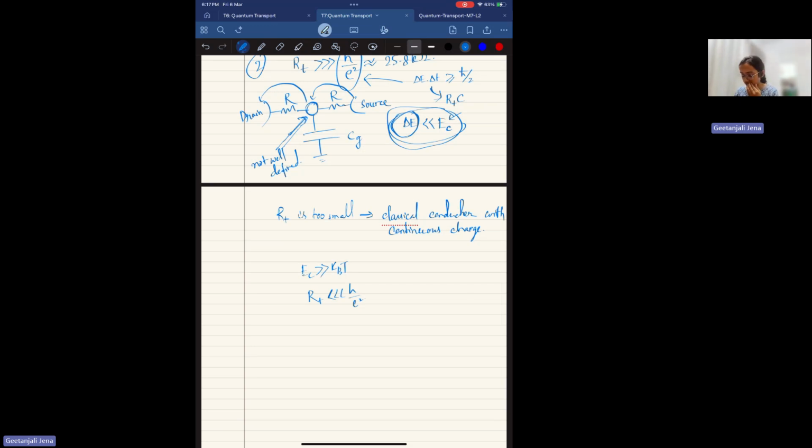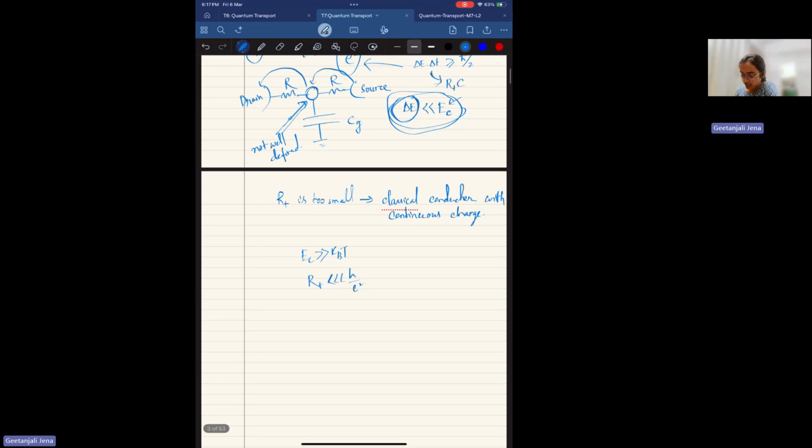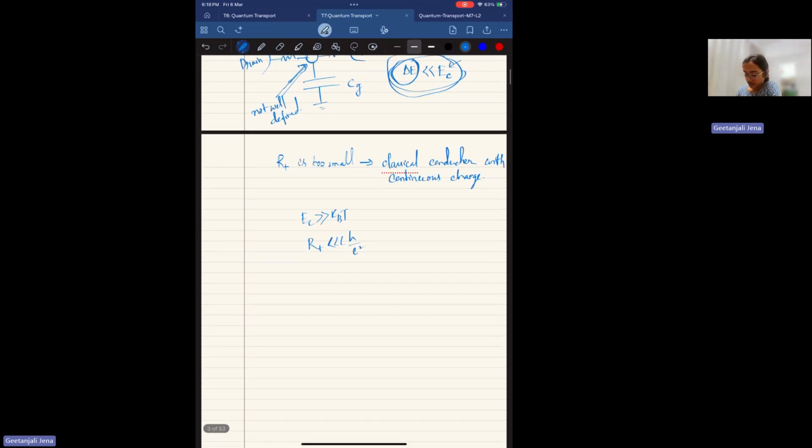We won't see any discreteness of charge carrier, and for this also we'll see that it will behave like a classical conductor with continuous charge.